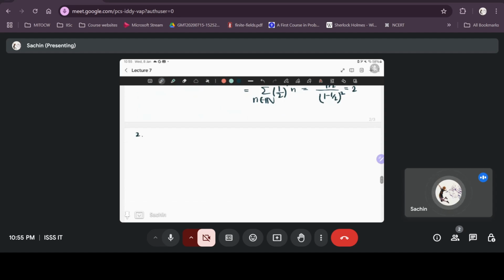Alright, we'll go to question number 2. The second question asks about the entropy of functions instead of the entropy of a random variable.